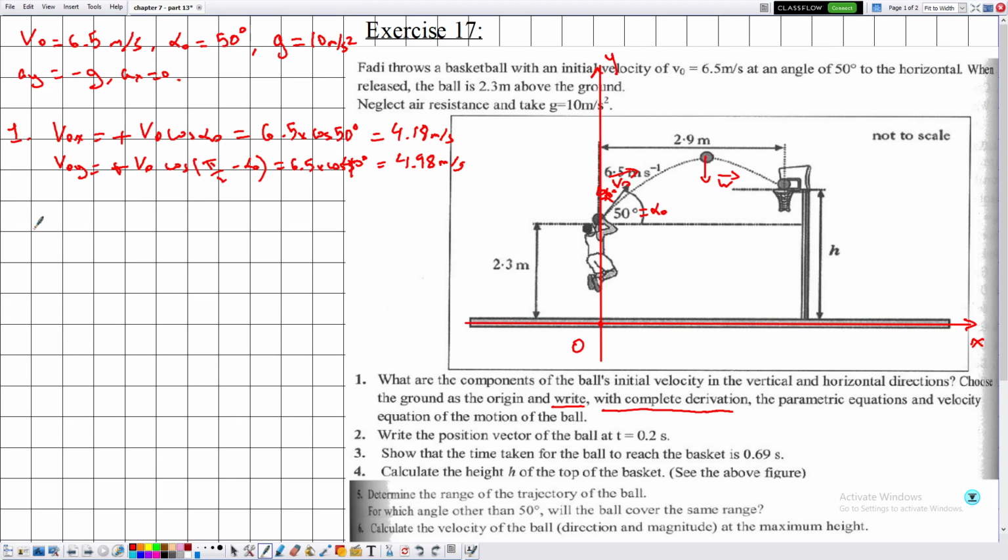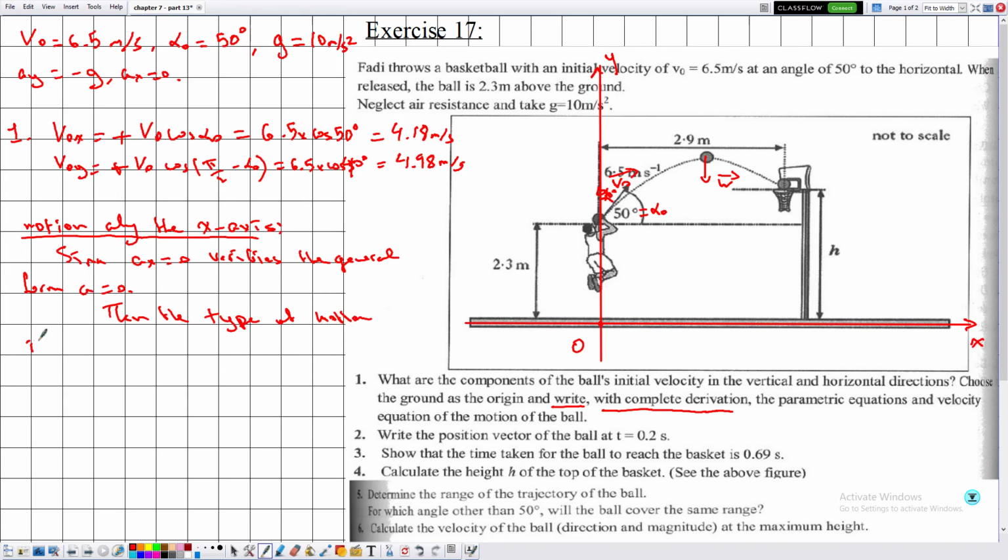So now, motion along the x-axis. Since ax is equal to 0 verifies the general form, then the type of motion is URM along the x-axis.